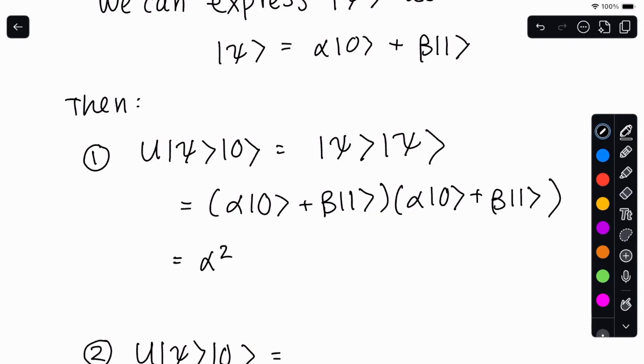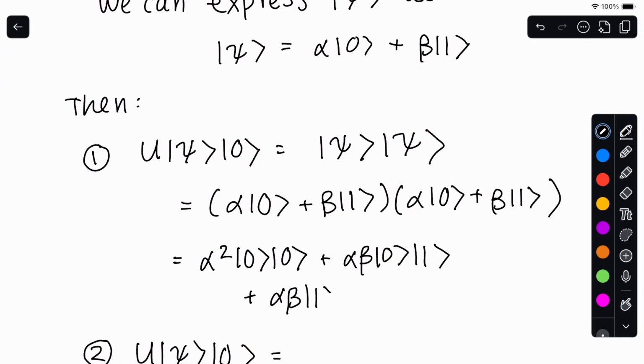And we'll find alpha squared |00> plus alpha beta |01> plus alpha beta |10> plus beta squared |11>. But we also know that any operators, any matrices, must act linearly.